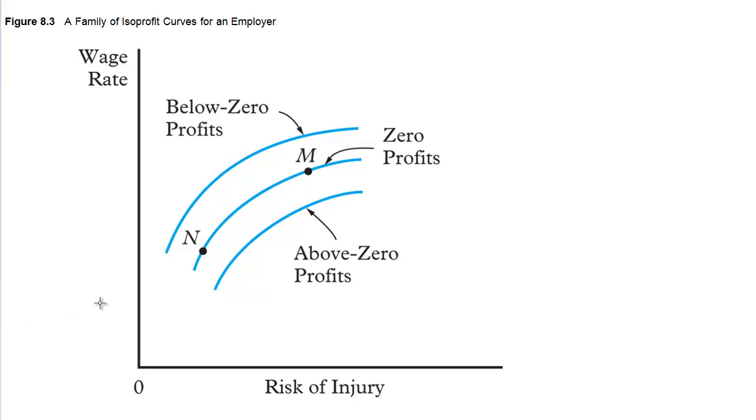Now let's look at the difference between this isoprofit curve, which we'll label P1, and P2 here.